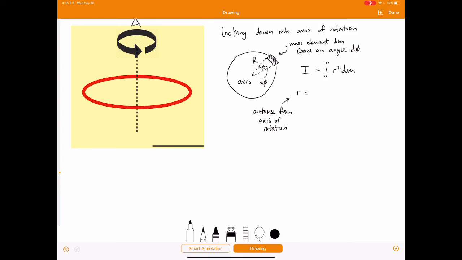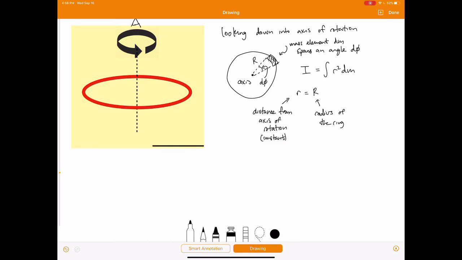Because it lies on a circle, this is just the radius of the circle. So again, if I just write little r equals big R, you might not immediately see what that means, but what I'm saying is the distance from the axis of rotation of every mass element is just the radius of the ring. That's what I'm trying to get across here. And of course, that means this is just some constant.